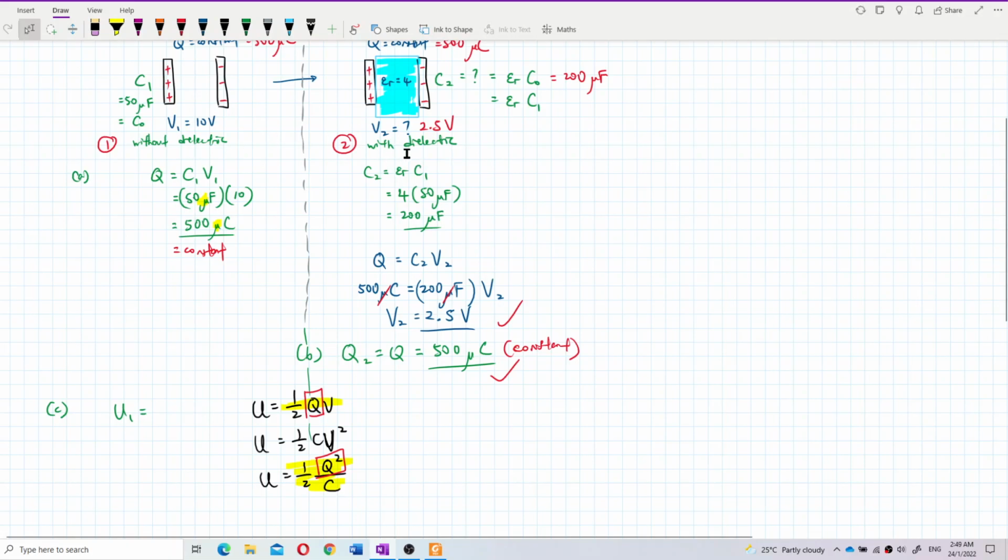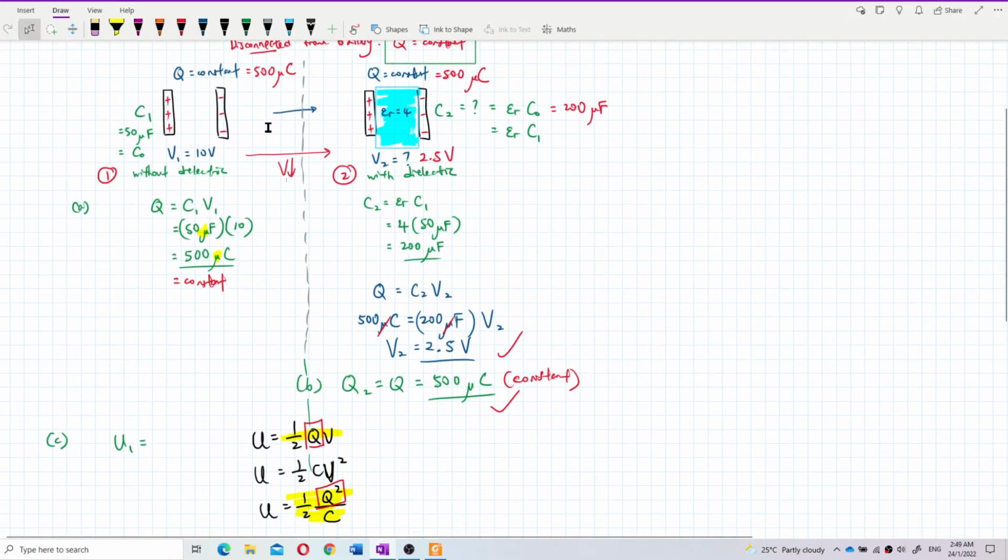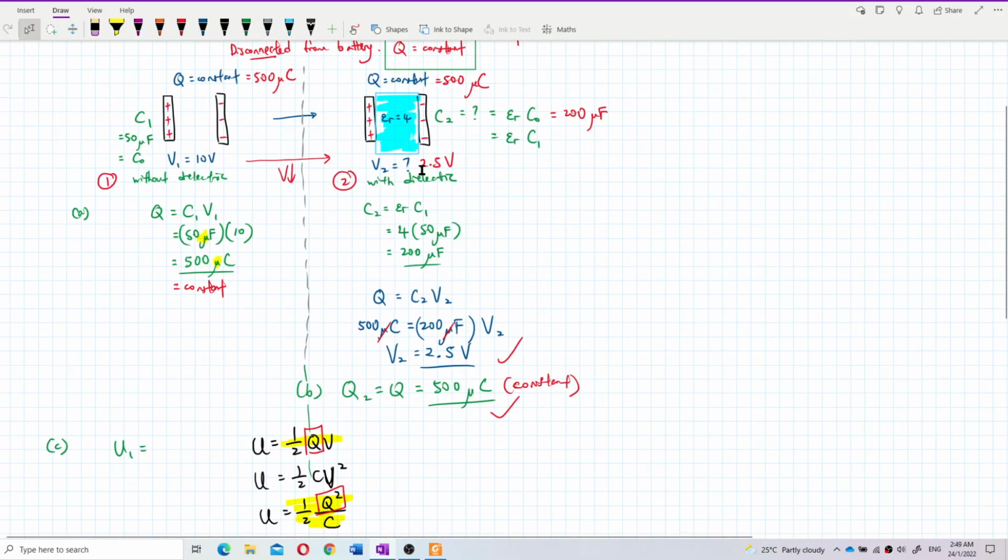The voltage decreases. Can you see that? Without dielectric, then you insert the dielectric, the voltage decreases from 10 volt to become 2.5 volt.